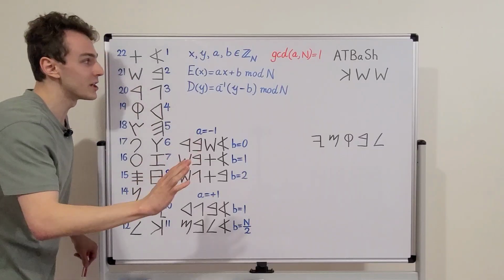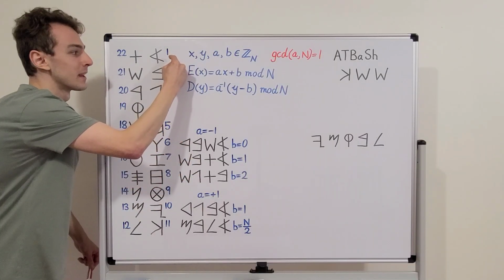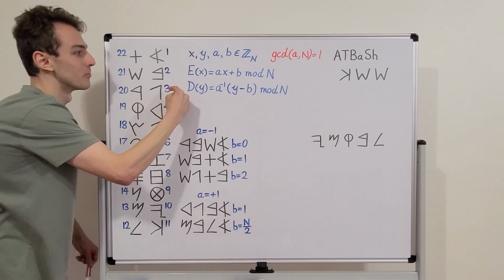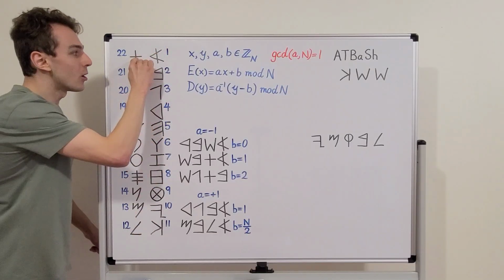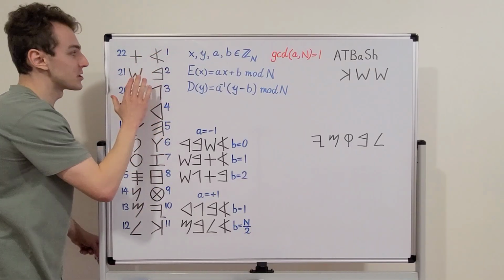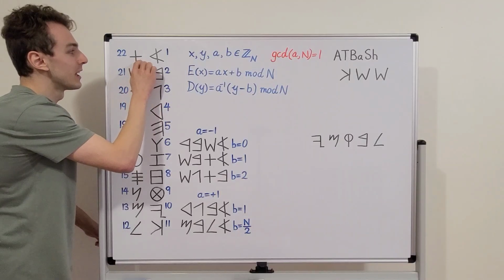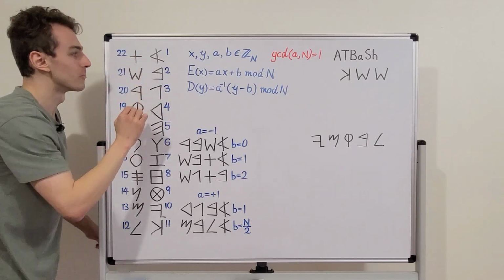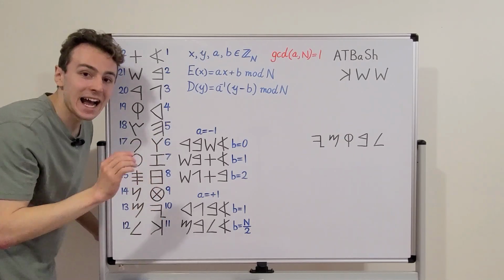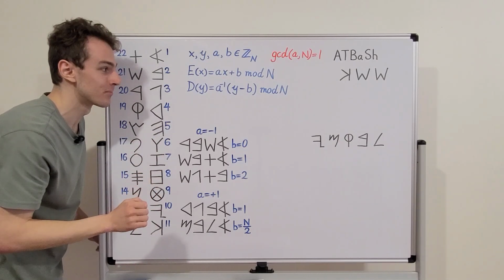Alternatively, we could use another convention where we start counting from 0. Then we would have 0, 1, 2. But for this video, we're going to stick with this convention. So Tau, which is the final letter in the Phoenician alphabet, is 22, or we can think of this as 0. So 0 is the additive identity.